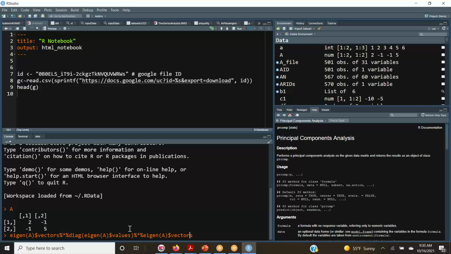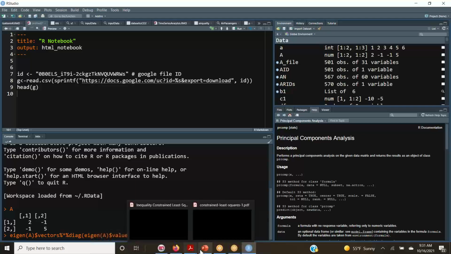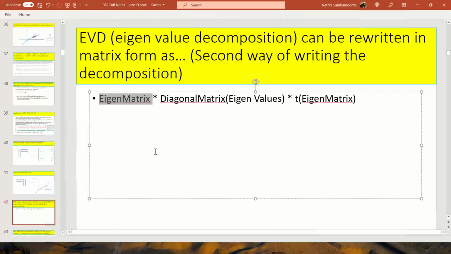Can somebody tell me what I am trying to do here? I'm trying to show that the matrix version is written like this in the R command.